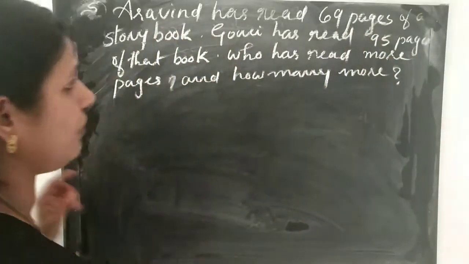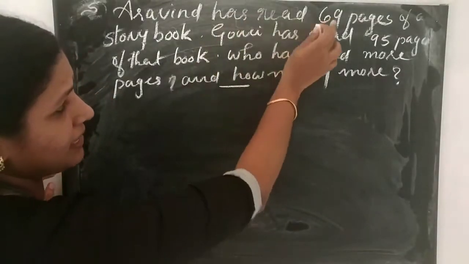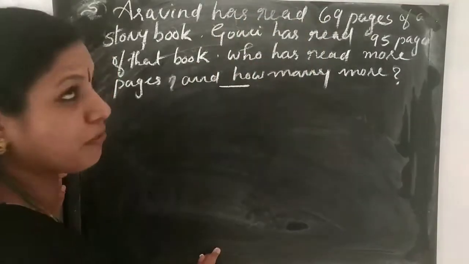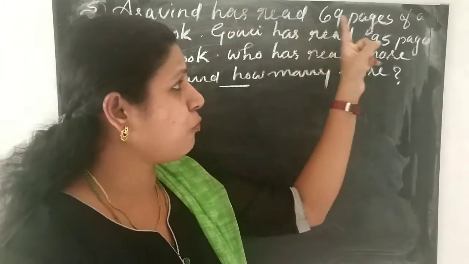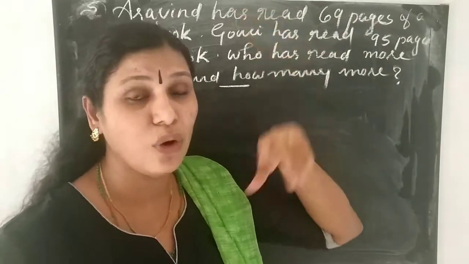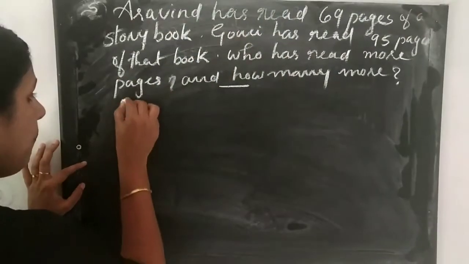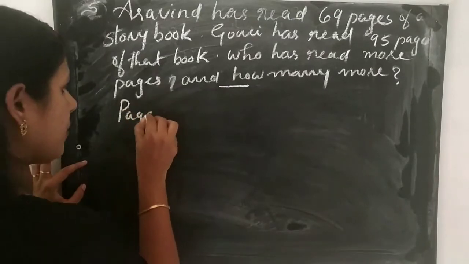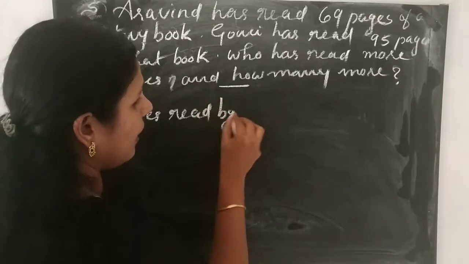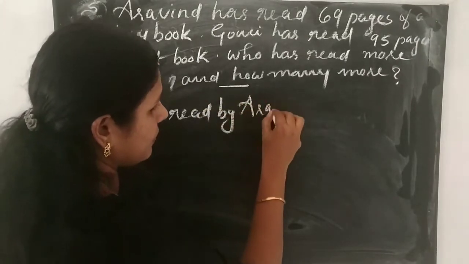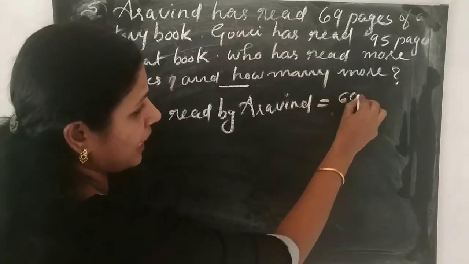Okay, so we need the step. Aravind has read 69 pages of a storybook. So we can write the step as pages read by Aravind equal to 69.